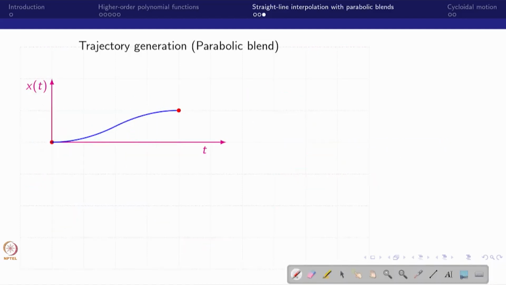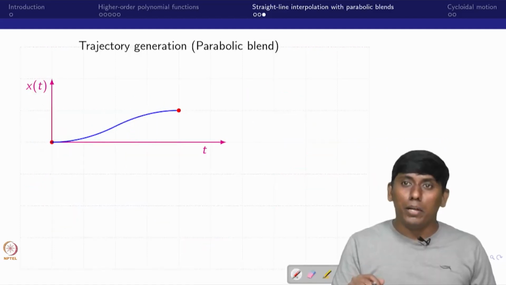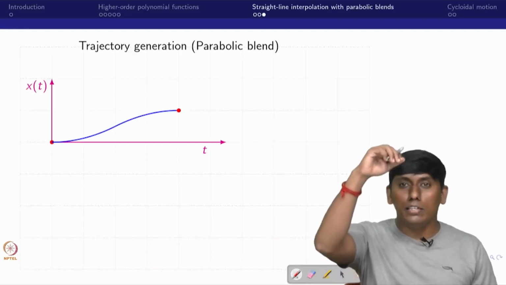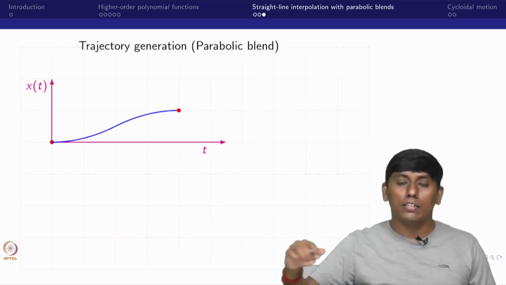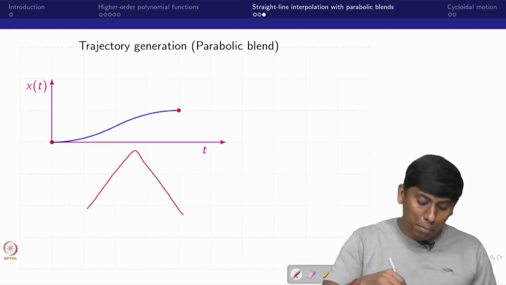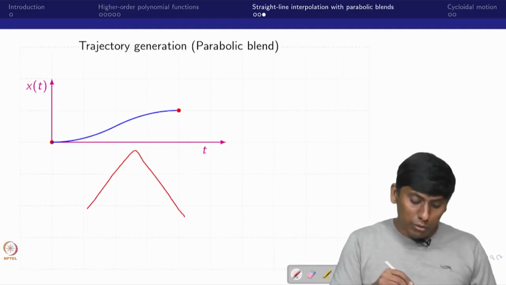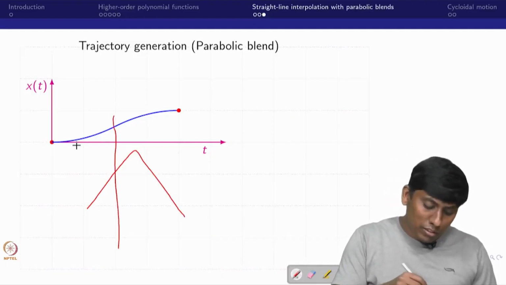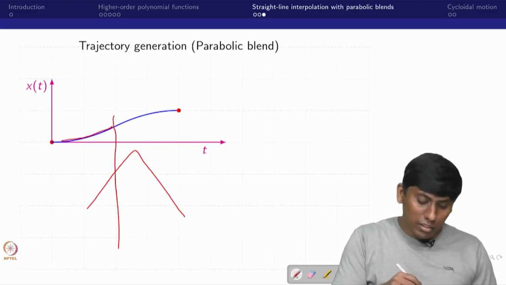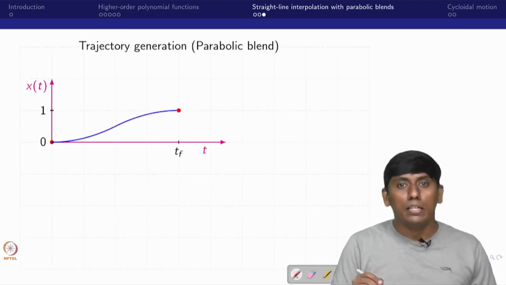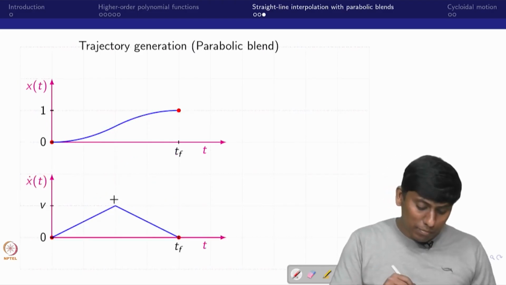The same way we have seen the parabolic blend with uniform acceleration and deceleration, in the sense there is no constant velocity at all. The velocity gradually increases, then suddenly it starts decreasing, so the velocity will go up and down like this. Up to this the acceleration is happening, then after that the deceleration is happening. That is what we are trying to see here.